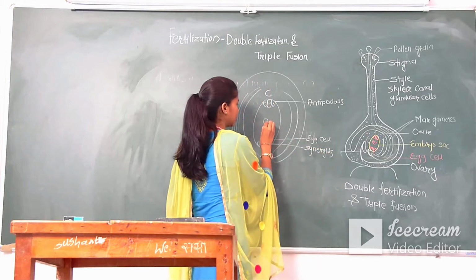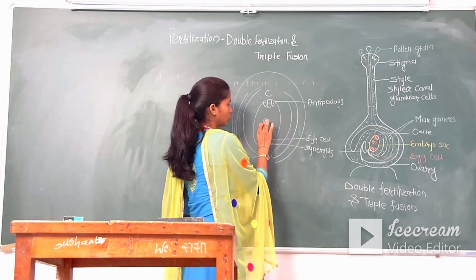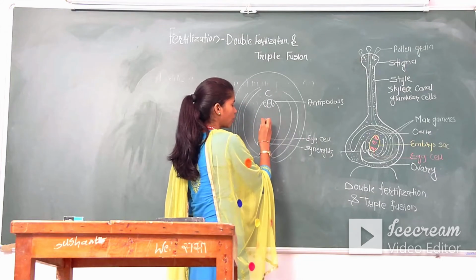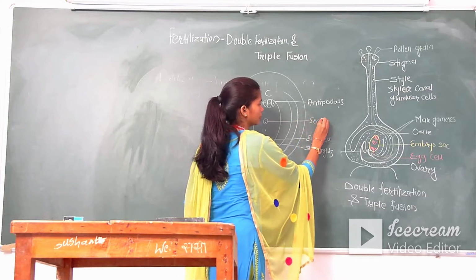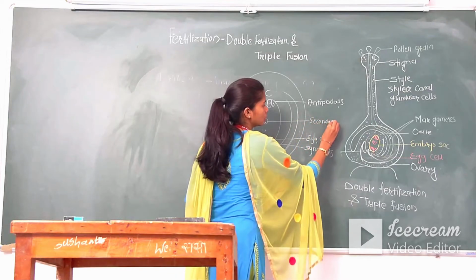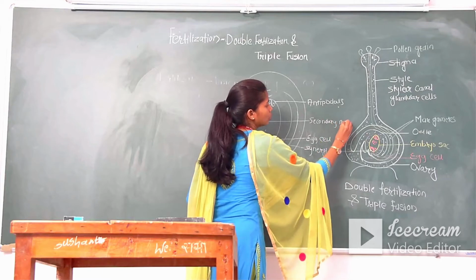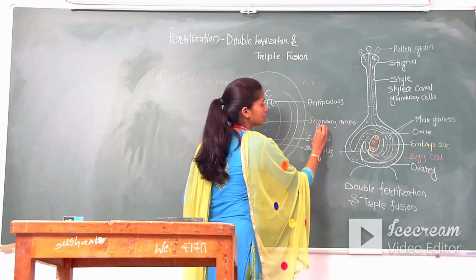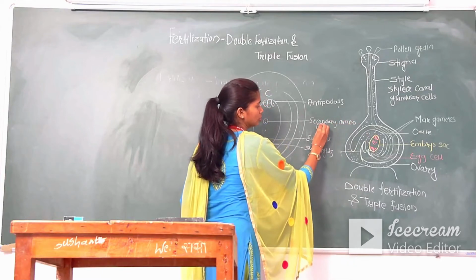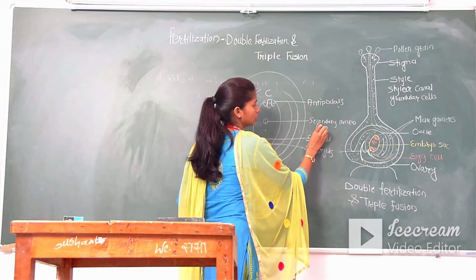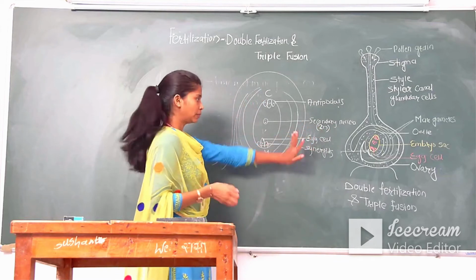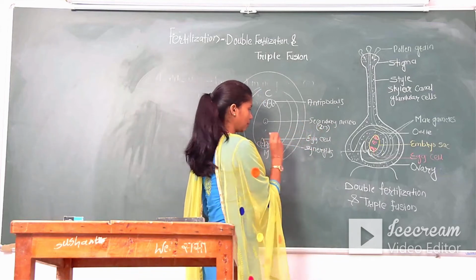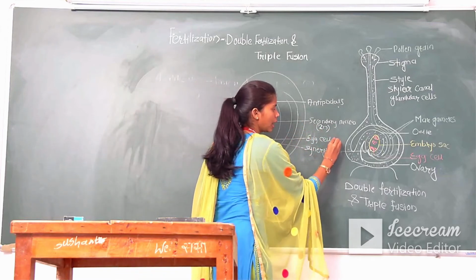And the central cell contains two nuclei, which after fusion form a secondary nucleus. This is the secondary nucleus. Remember that this secondary nucleus is diploid, and the egg cell containing the female gamete is haploid.